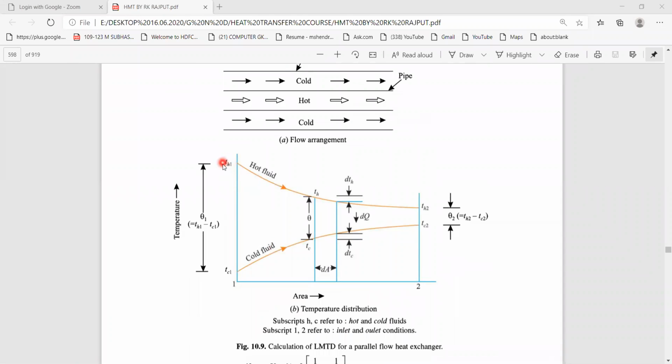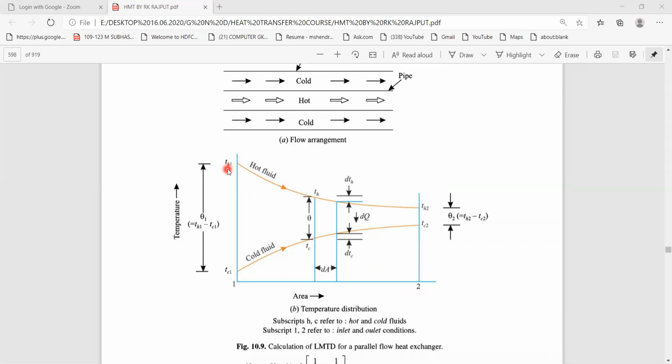This is TH1, which stands for the inlet temperature of the hot fluid, and as it moves along the length of the pipe, the temperature gradually decreases because the hot fluid loses its heat to the cold fluid. So this is the curve.